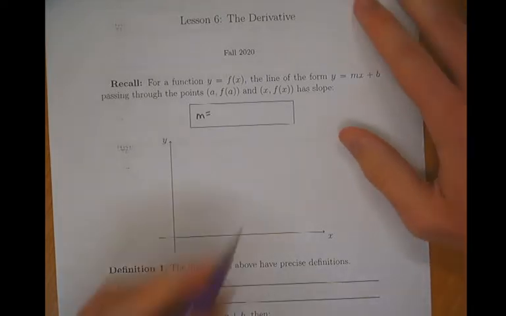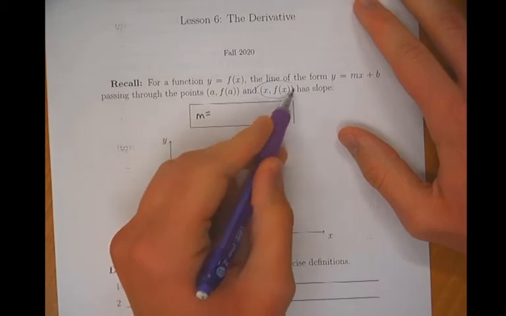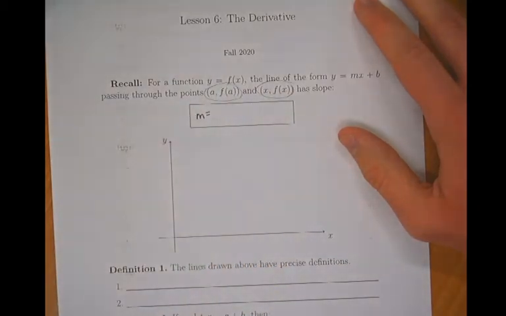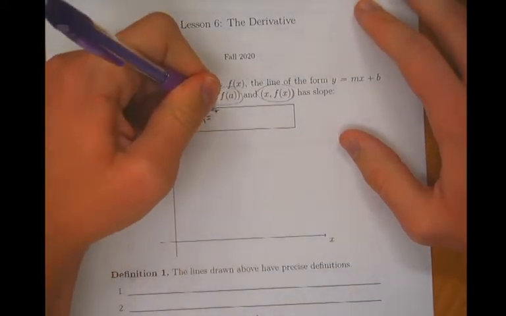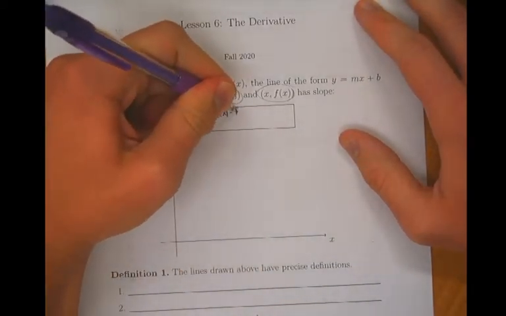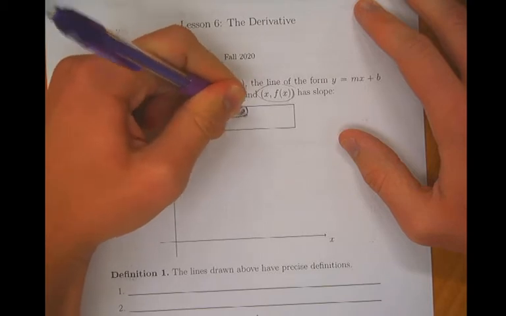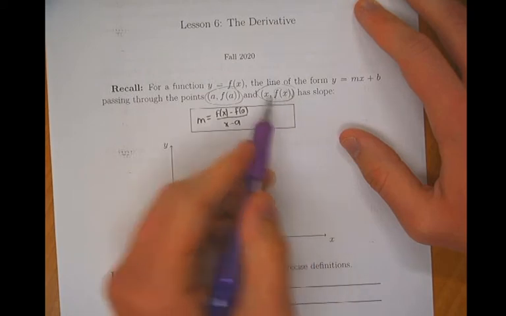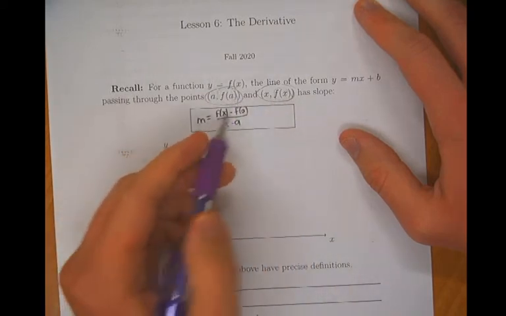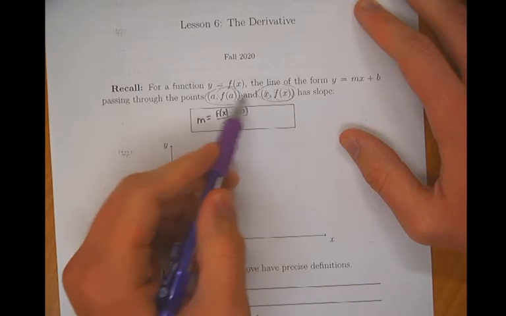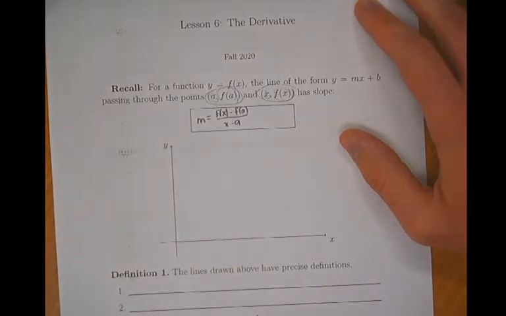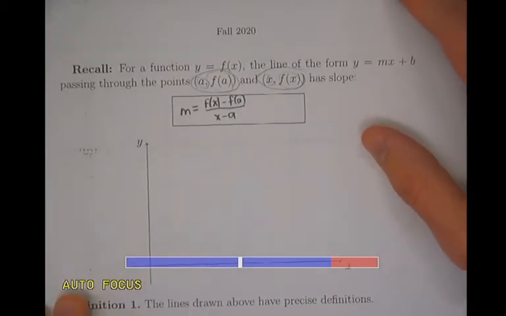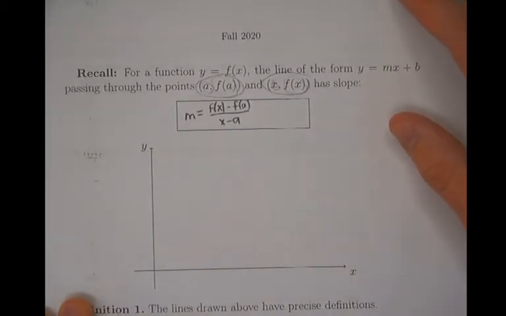So, in the context of being given these 2 points, we can say that the slope is going to be f of x minus f of a over x minus a. In this case, f of x would be your y2, f of a would be your y1, this would be x2, and this would be x1. That would be the slope that you would get for that case.